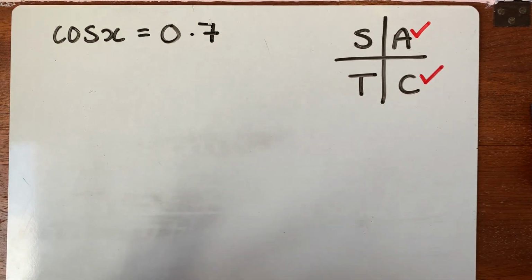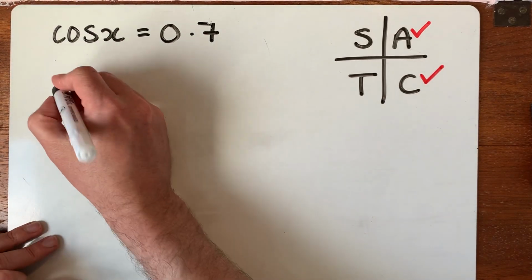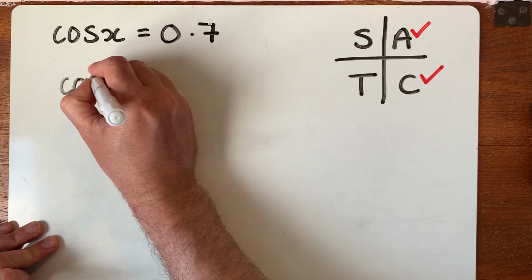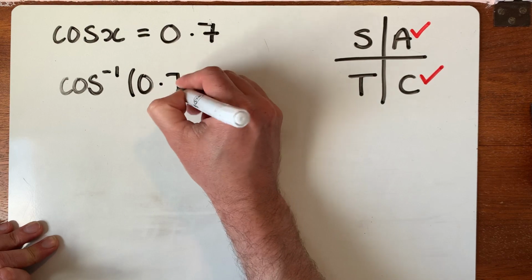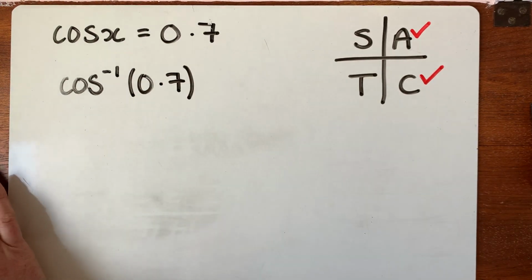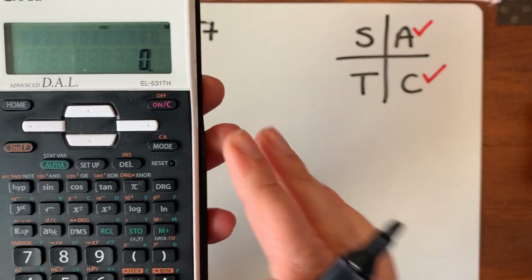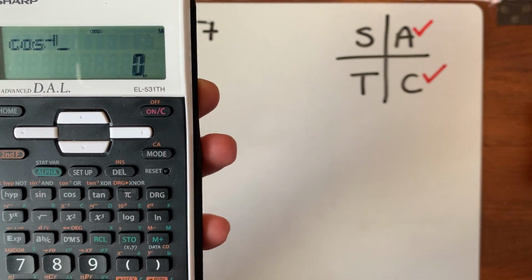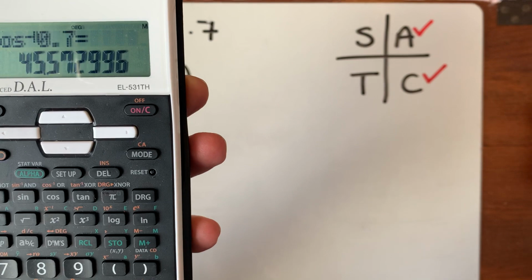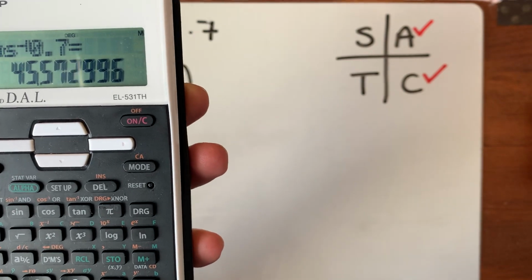Once we've done that, we're going to find our first quadrant angle. To do that, we're going to take the inverse cosine of this positive value, in this case 0.7. I'll show you on the calculator again. We're going to use our second function button, push cos this time, type in 0.7, push equals, and we get a solution. Not as nice as the last one.